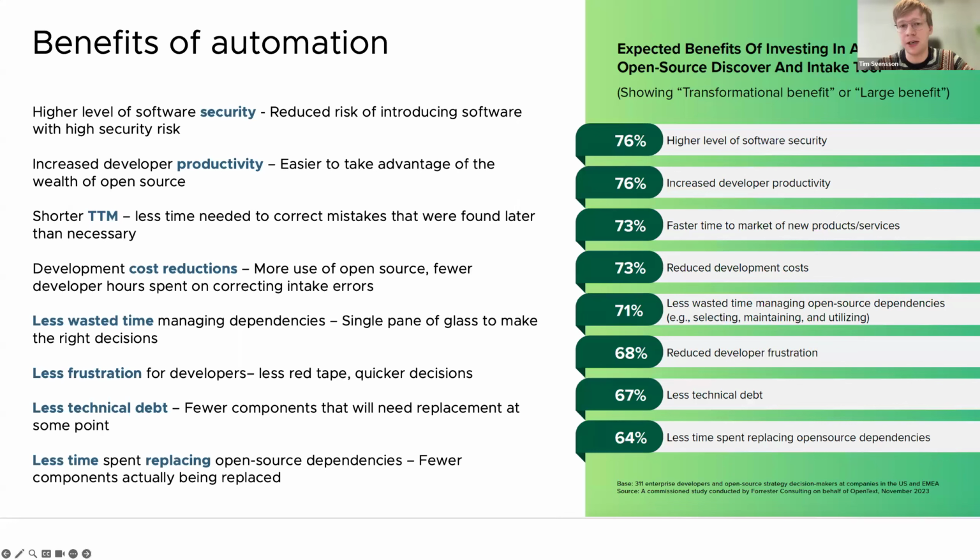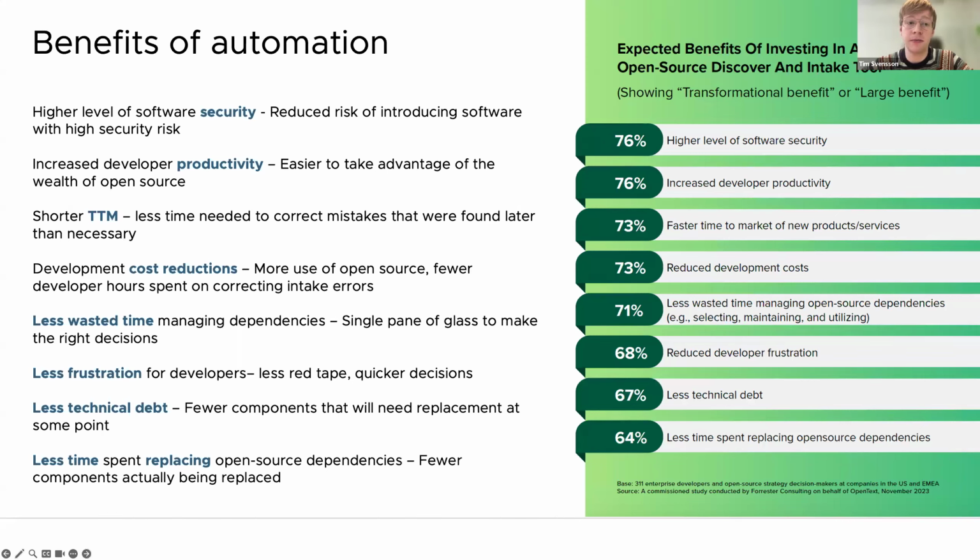And this was also one of your main points that you brought up in the first poll question, open source vulnerabilities, being able to catch that earlier on. Increased developer productivity, easier to take advantage of the wealth of open source for developers, not being blocked with the manual approval processes, etc. Faster time to market of new products and services, less time needed to correct the mistakes that were found late. Also ties into the whole finding things early part.